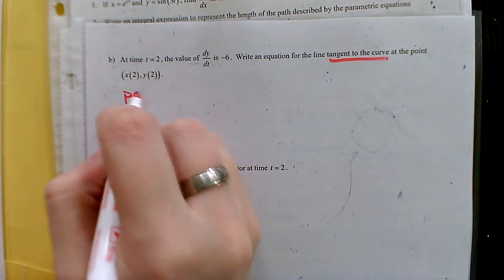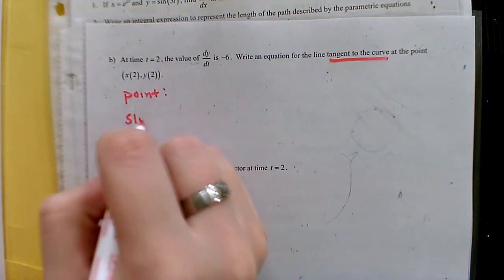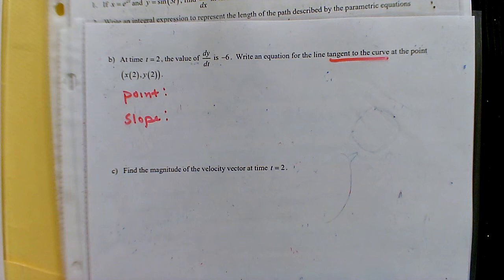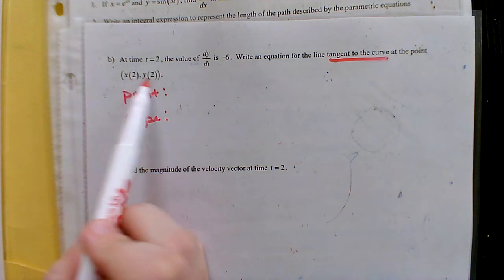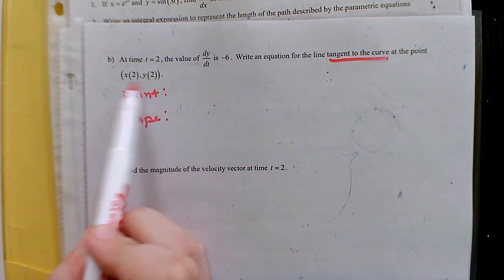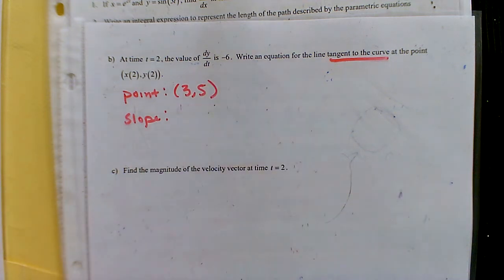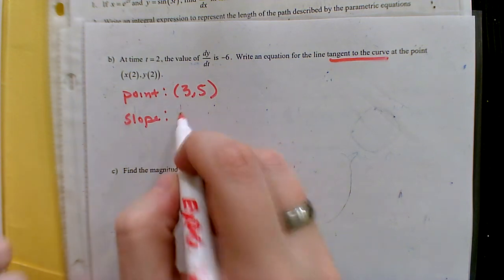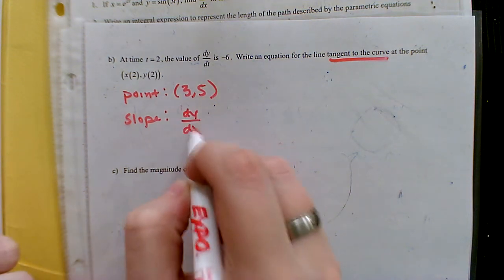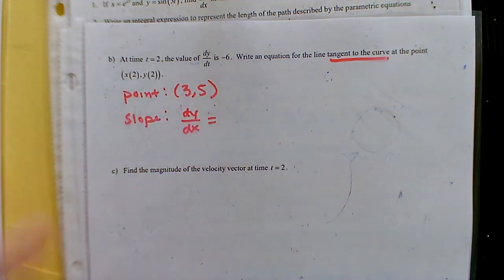All right, so tangent line, we need a point and a slope. Do we know the point at time 2? That was 3, 5, good. And we need the slope of the curve. So it's not just the y derivative, it's not just the x derivative. We got to combine those to get the dy over dx kind of overall derivative of the curve.